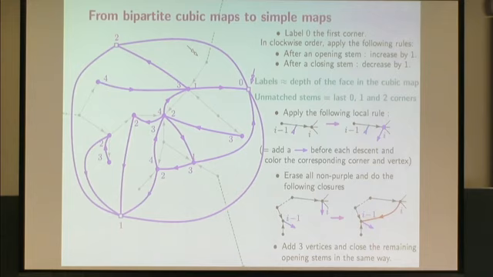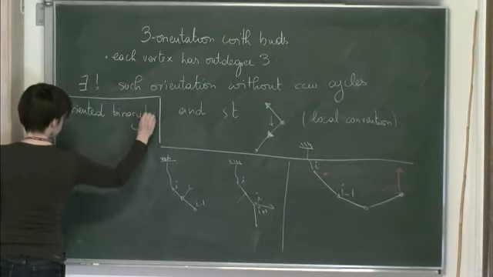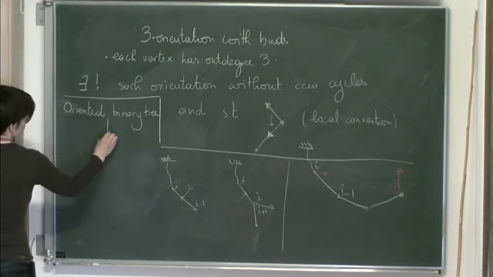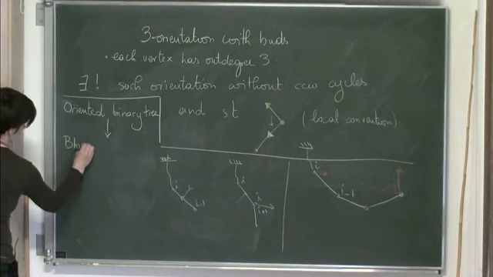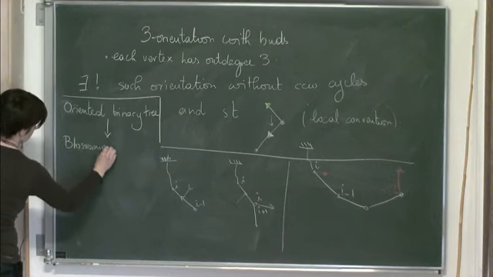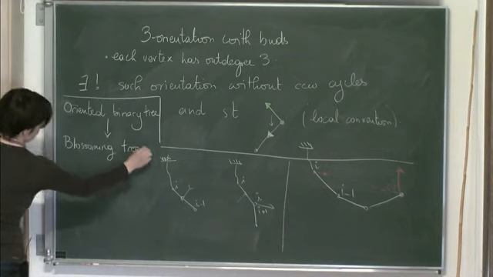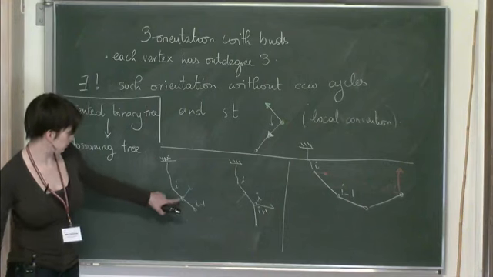So let me maybe summarize here what I just did. So we start with an oriented binary tree. From the orientation, we construct a blossoming tree, thanks to these 2 rules.